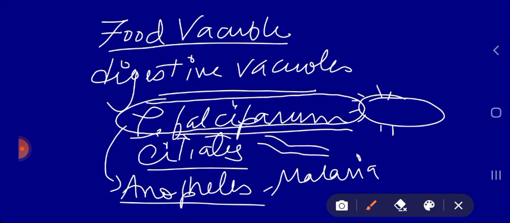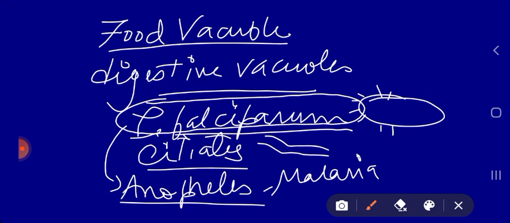Okay, so these food vacuoles, also called digestive vacuoles, are found within the ciliates. Those who have cilia are called ciliates, all the protozoans. Then it is also found in Plasmodium falciparum, which is a protozoa which causes malaria.